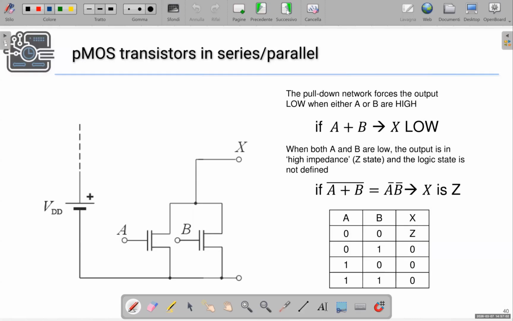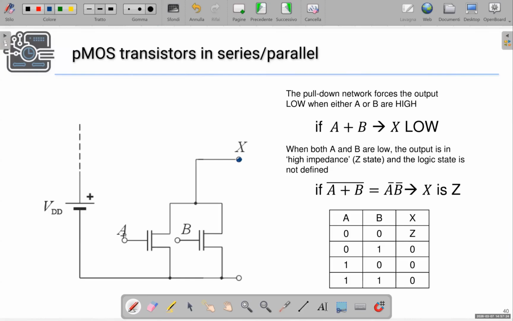Okay. On the other hand, when we have switches in parallel, in this way, the connection between the output node and the negative or the positive is performed when either one or the other of the two switches is on.